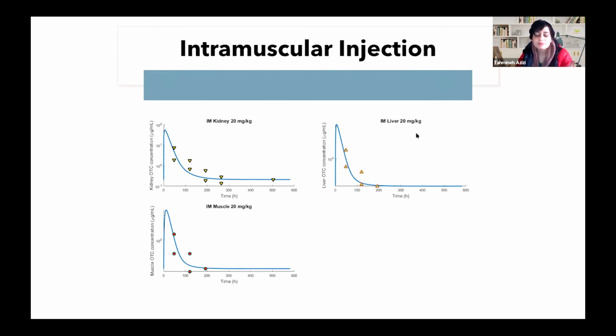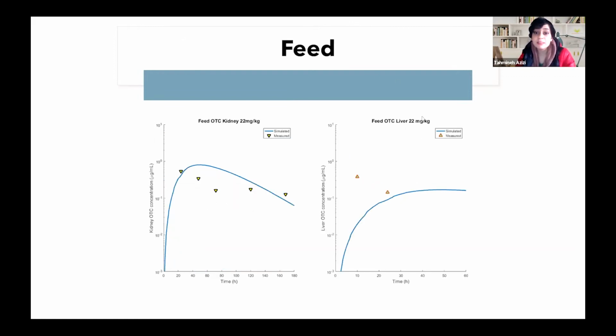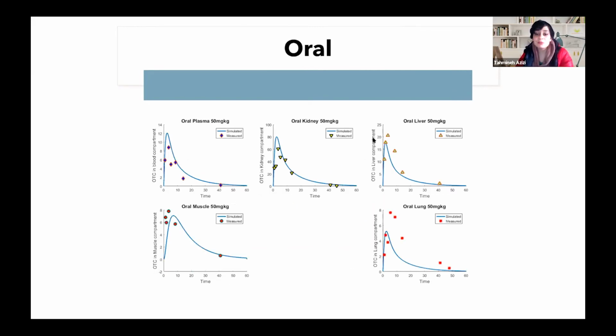So it was not bad, but for feed, I didn't have many data points, so it's not going to work here. I need to have more data to really check my model, to optimize my parameters and make it a model that can be used for future prediction.